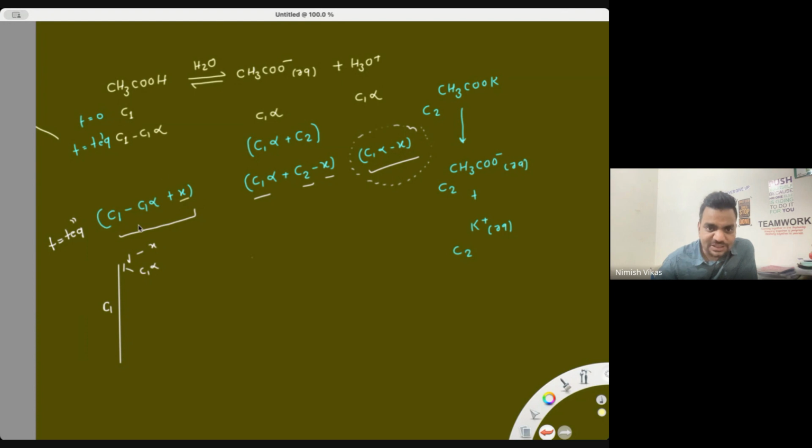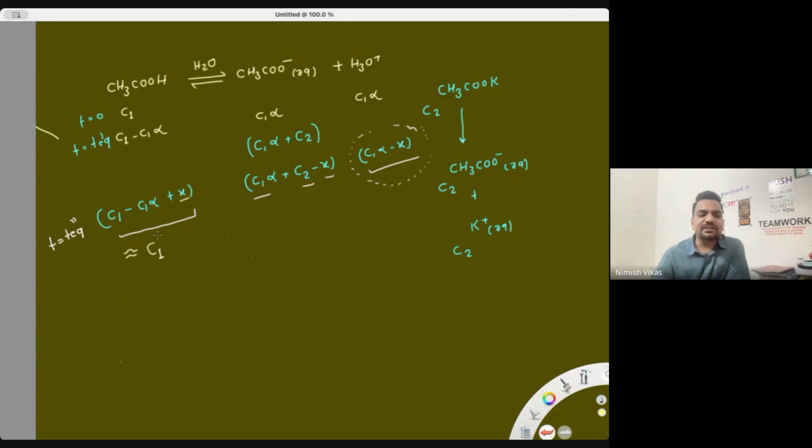So this concentration of acetic acid, it can easily be approximated to how much? Anyone? It can be approximated to C1, right? Yes, sir.